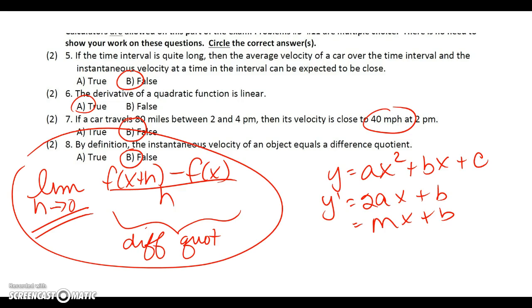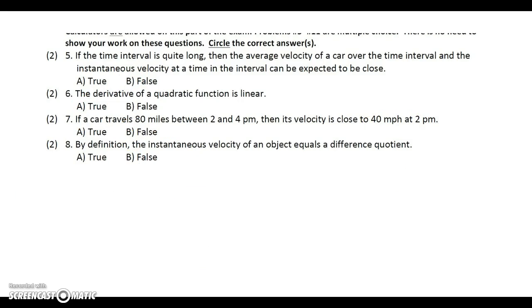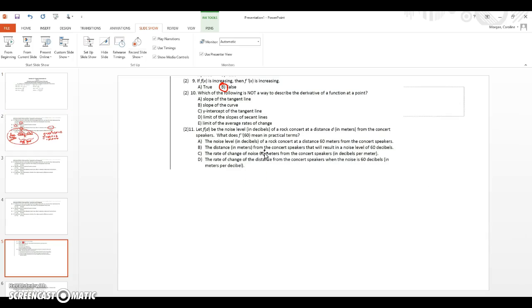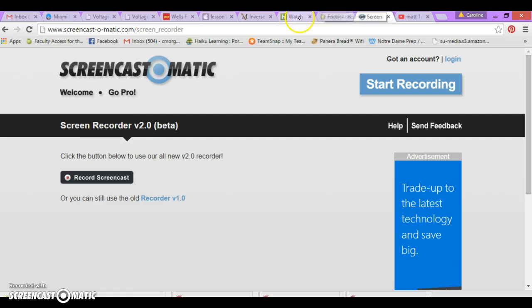Okay, let's look at 9. It says, if f of x is increasing, then f prime of x is increasing. That is false.